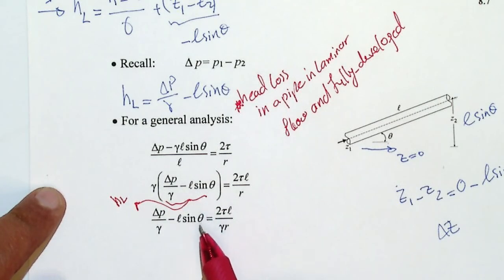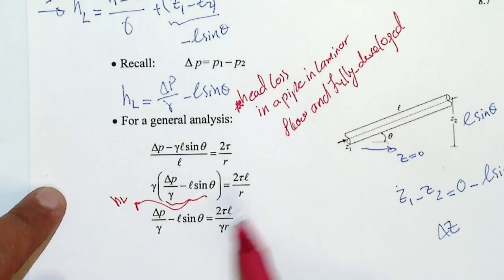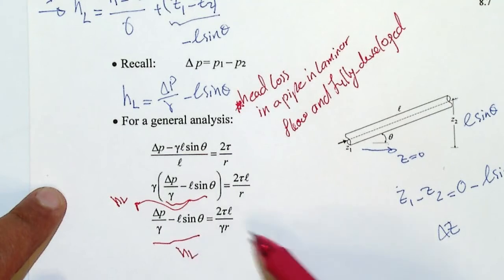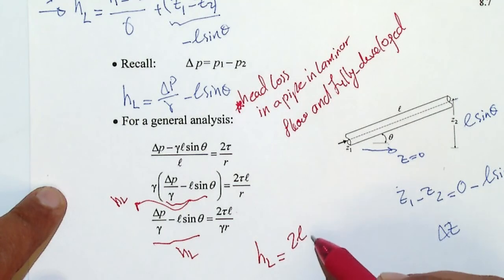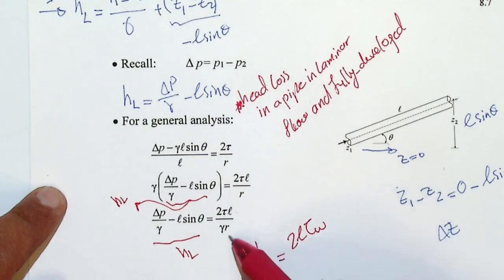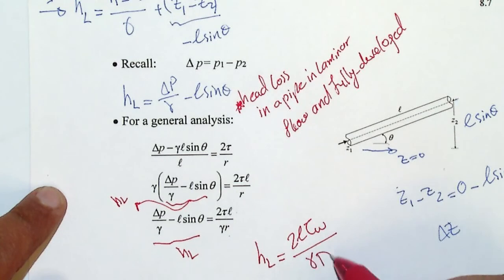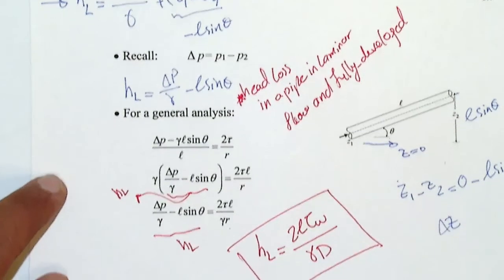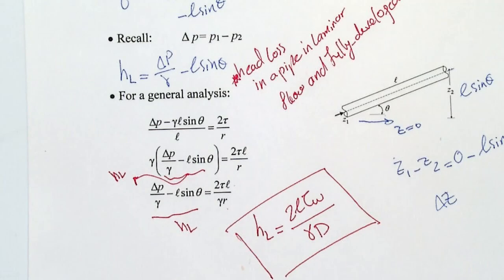Then this term, which is HL, is equal to 2 tau L over gamma R. So finally you have another equation for HL, which is 2L tau wall over gamma D, because you can replace tau with tau wall by getting D at R. This is the equation for the loss in a pipe when you have this term HL and replace tau with tau wall and R with D over 2, right?